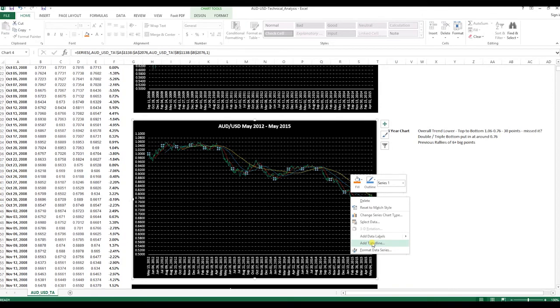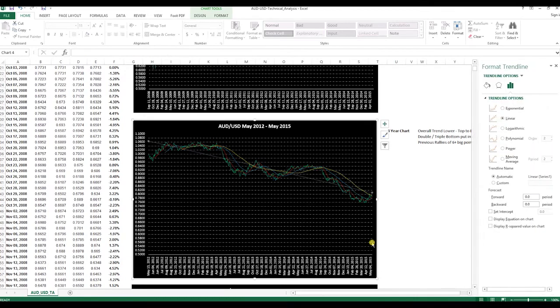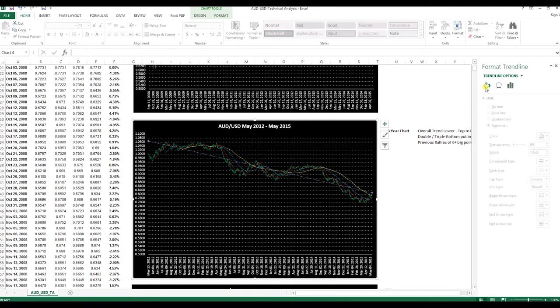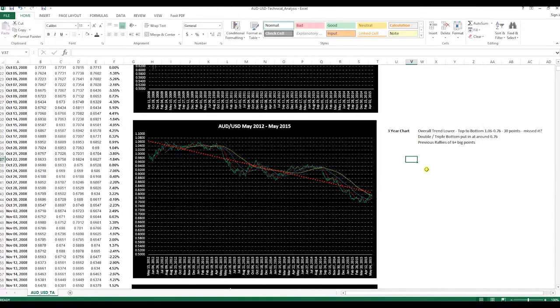You can right mouse click, add trend line, and plot a linear trend line. And we can change the color here. So let's change this to red, and we can thicken it up. And you can see the overall trend is down. So that tells us something.